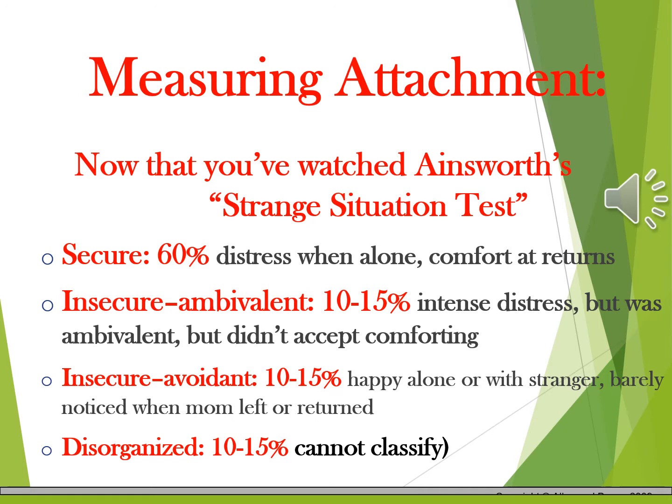So intense distress, and yet did not seek, or if they sought, did not accept her comfort. Another insecure type was insecure avoidant. The child seems to be happy alone or with a stranger and does not need the reassurance when she returns. Another 10 or 15% of children didn't clearly fit any pattern.